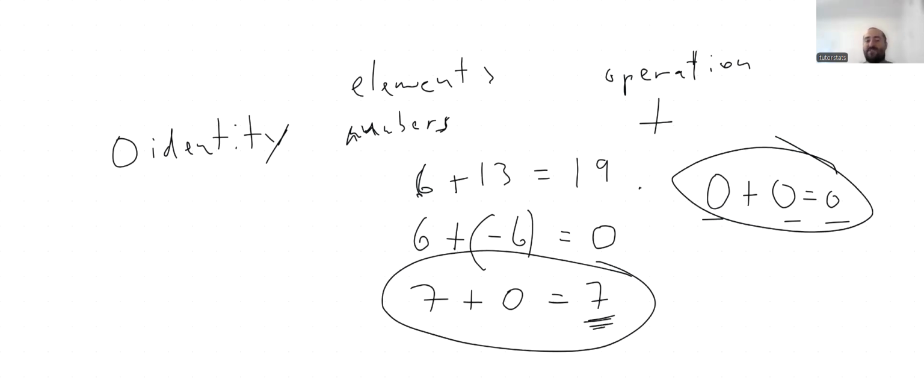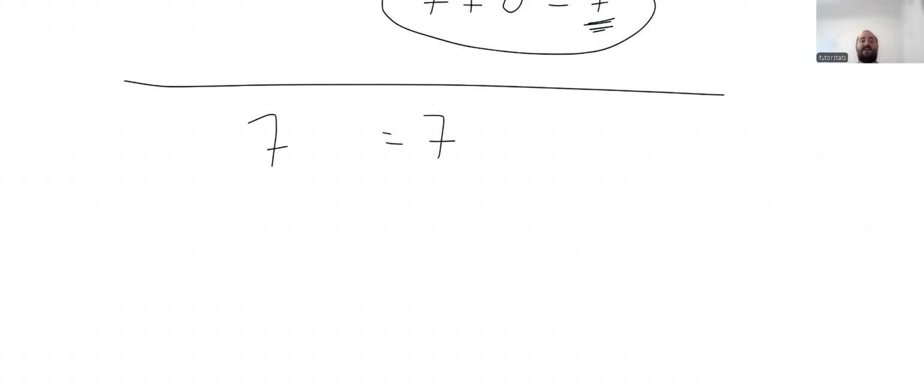Now, if we are talking about multiplication, then what is an inverse? When I do multiplication, how can 7 times a number... Sorry, okay, I said inverse.